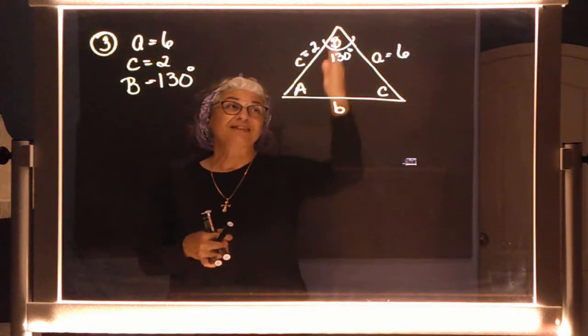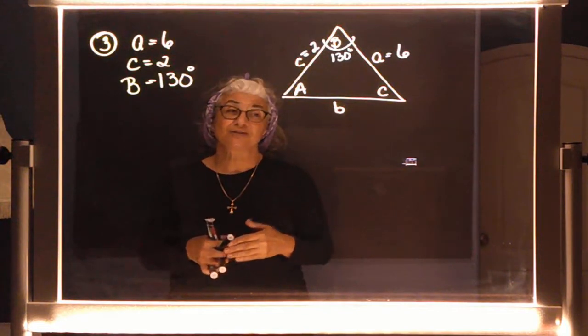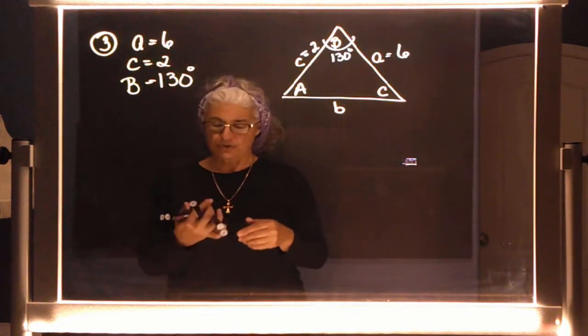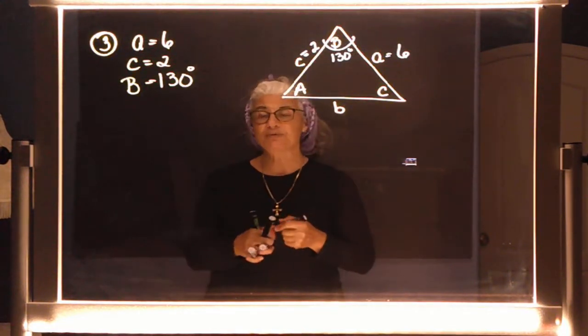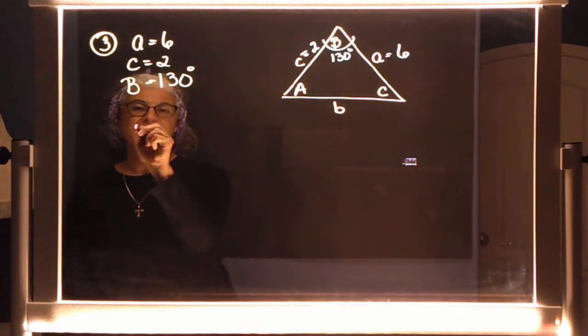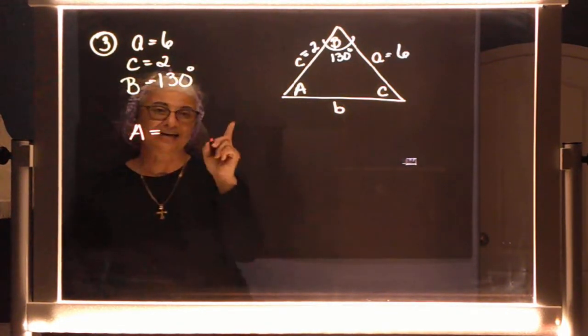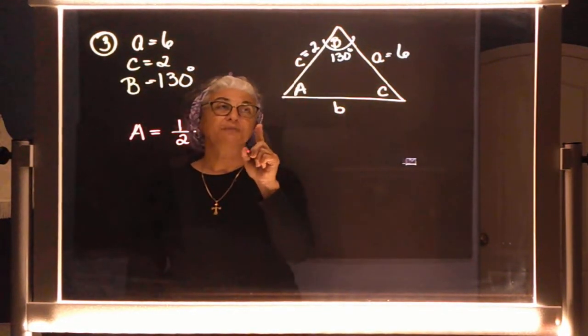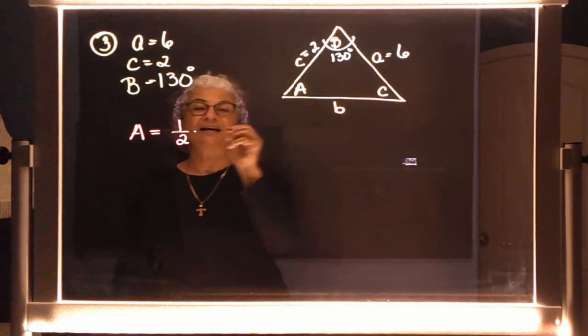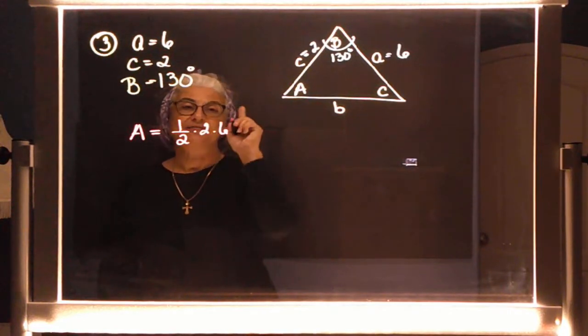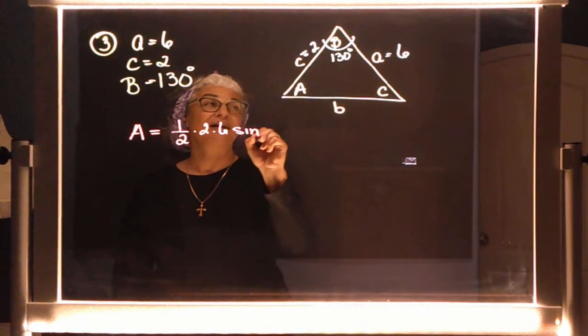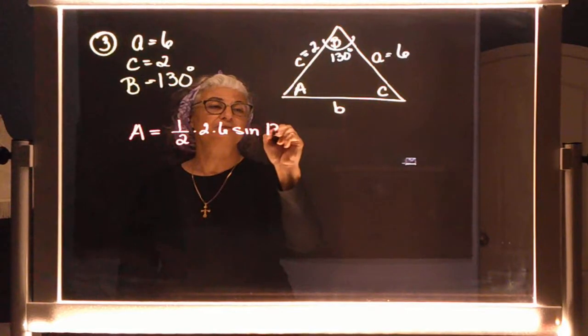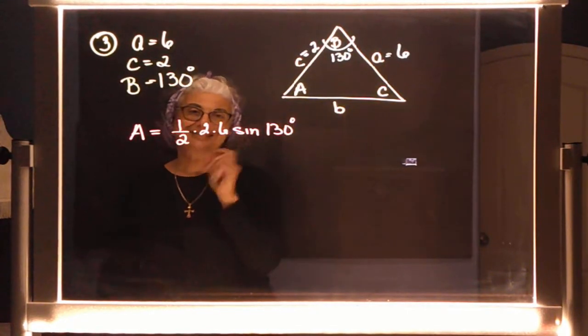Do I need to find the height of this triangle to find its area? No, I don't, because I have a formula. And the formula to find the area of the triangle says I take 1/2, I multiply it by the 2 sides, and then I multiply it by the sine of the angle in between those 2 sides.